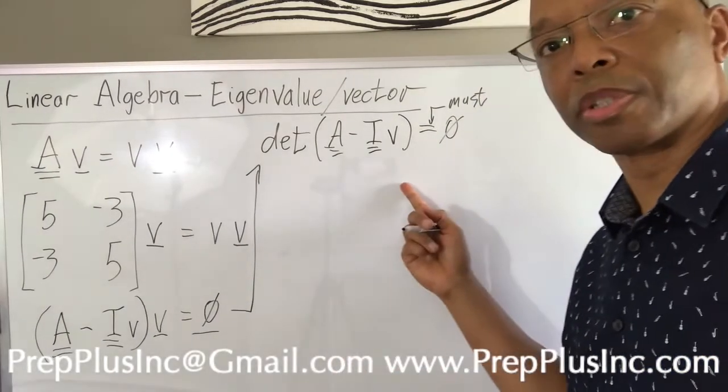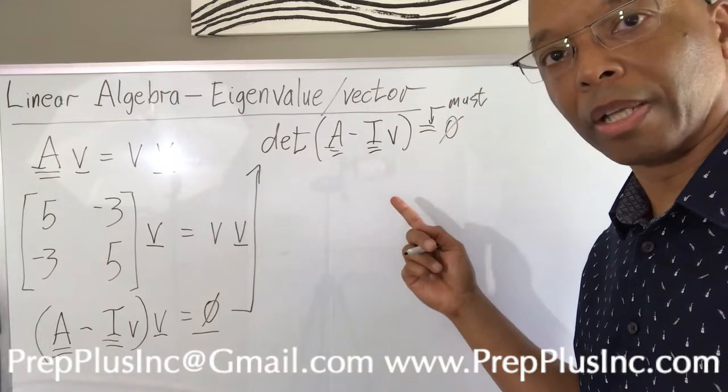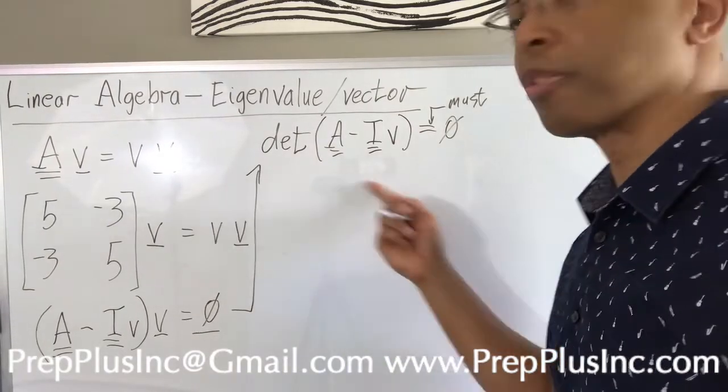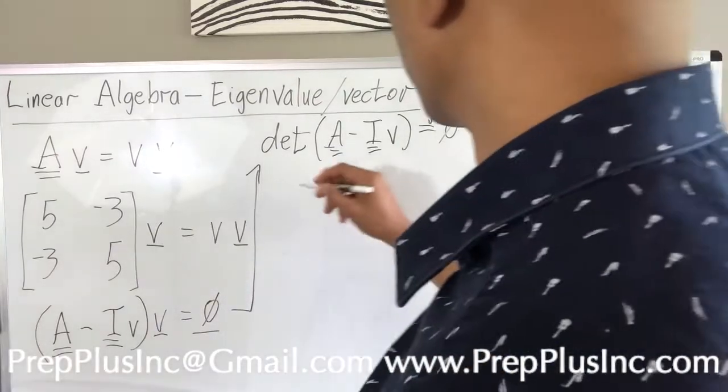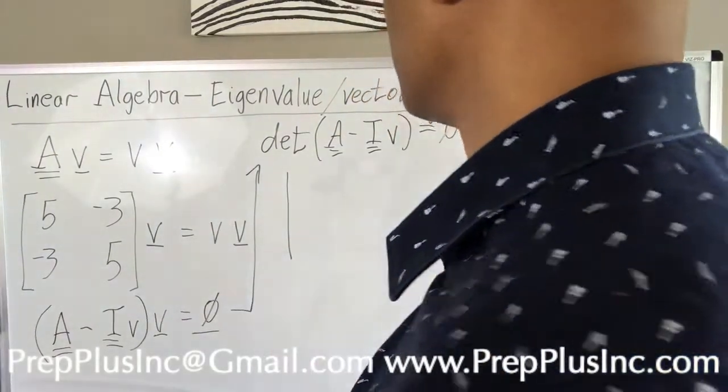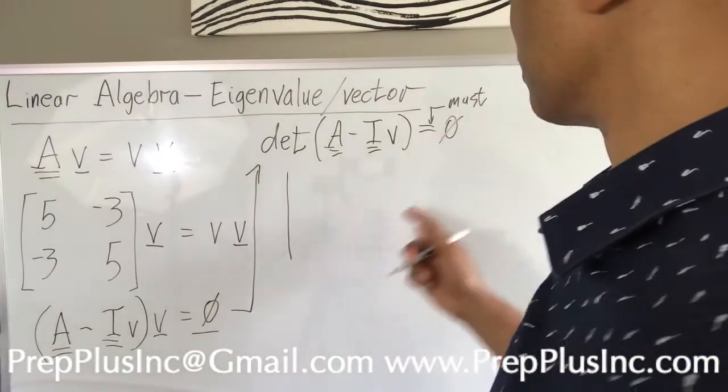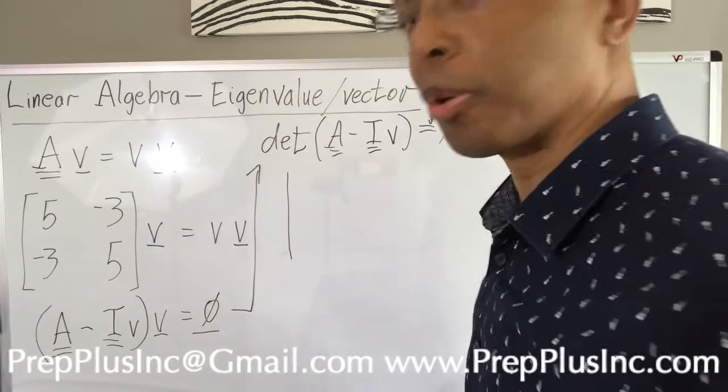This is a result that we know from linear algebra. This is called the characteristic equation. So let's go ahead and solve for this, using bars for denoting the determinant.